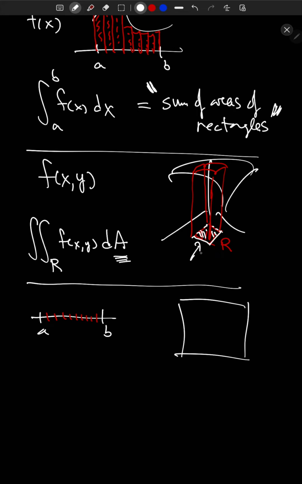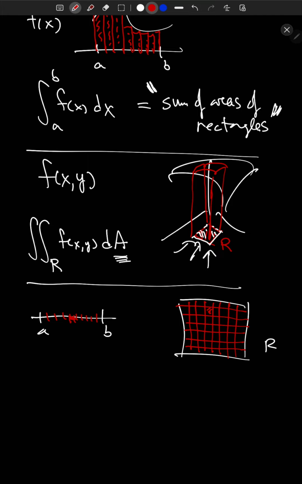That's this region right down here, R. And we're going to chop it up into tiny little rectangles. So I'm going to do it like this, and then like this. Each of these rectangles, for example this one here, is analogous to one of these segments in the one variable setting.